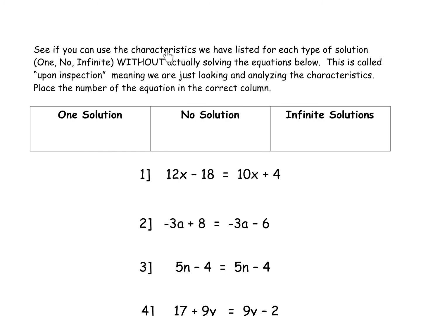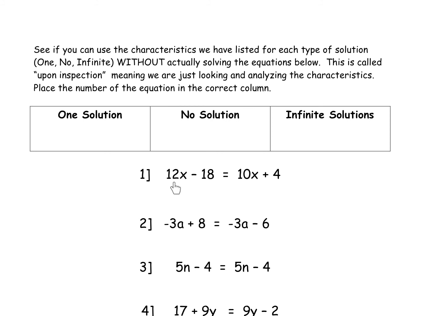If I notice the specific characteristics, we're going to be able to tell whether there's one solution, no solution, or infinite solutions. This is called upon inspection. It means just by looking at it, analyzing the characteristics of the constants and coefficients. So we're going to be able to identify each equation as having one solution, no solution, or infinite solutions without solving it.